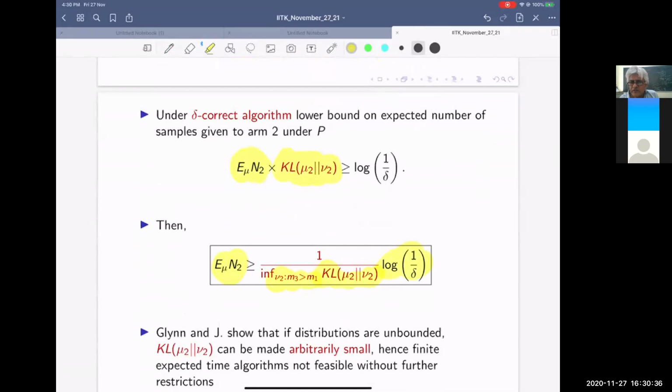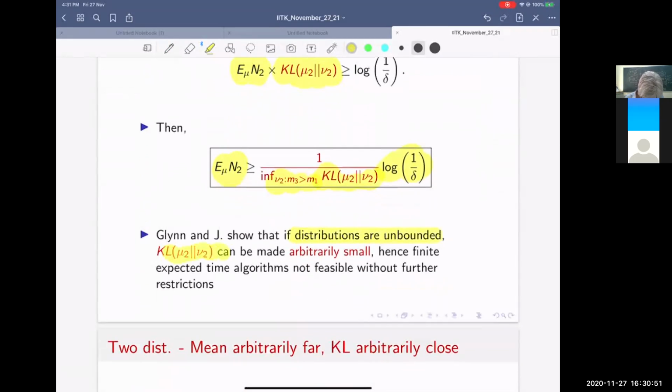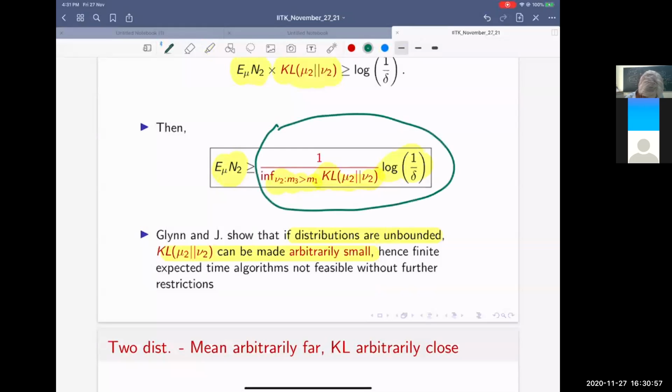I need to be comfortable that the data I'm seeing is not coming from any such pair mu1, nu2 of distributions. Now we can show that if the distributions are unbounded, this can be made arbitrarily small, and hence this will actually be infinite. Hence a finite expected time algorithm is not feasible without further restrictions. So we need further restrictions. This is not going to work.